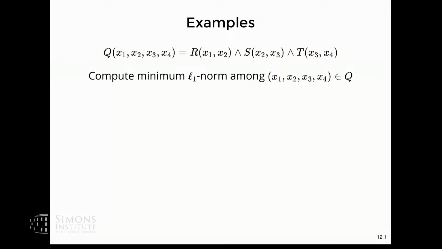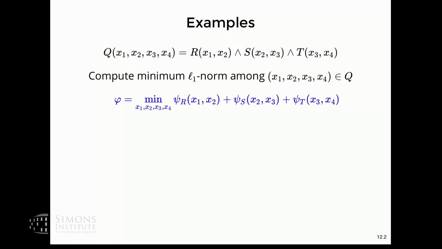So how can we encode such a computation as a sum product query? Naturally, since we're talking about an L1 norm, which is a summation and a minimum, we should probably be using the min plus semi-ring. So we have to define some functions, psi r x1, x2, plus psi s x2, x3, plus psi t, and we need to take the minimum. But now the question is, how do we actually define these functions, psi r, psi s, psi t, to achieve what we want?